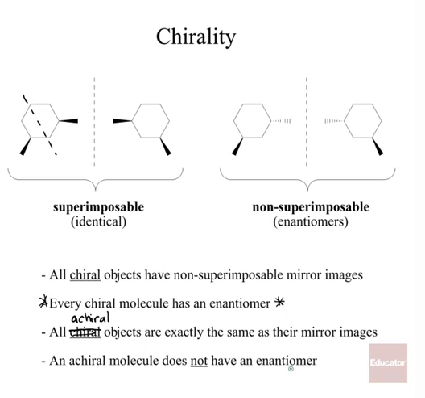Disregarding any slight imperfections in your hands, imagining these are perfect mirror images of one another, they would in fact be non-superimposable. Your right hand is unique from your left hand, and that's because this is a chiral object. It has no symmetry, so when you build its mirror image, which is what you have with your right and left hand, you'll end up with a unique compound. So anytime you are having trouble remembering what enantiomers are, remember that you have a little cheat sheet attached to your arms all the time.